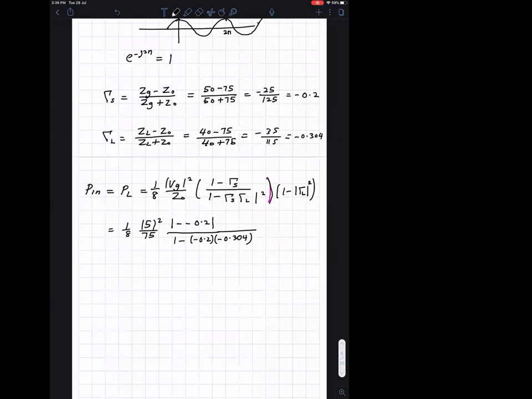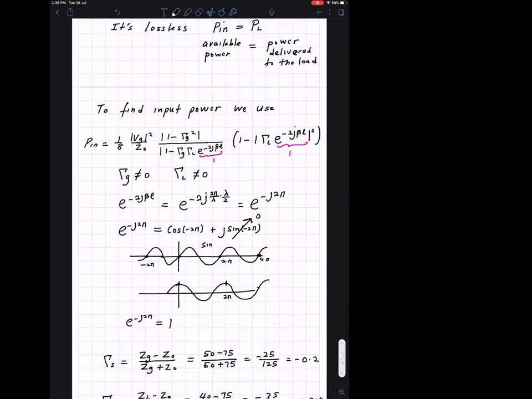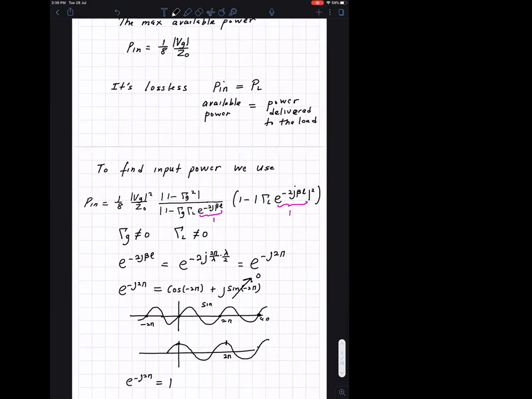Did I forget to square this? There's supposed to be a square here, right? And there's supposed to be a square here from this formula. Sorry, I got this formula a little bit off. There's supposed to be a square outside here. Then this square also has to be outside here.